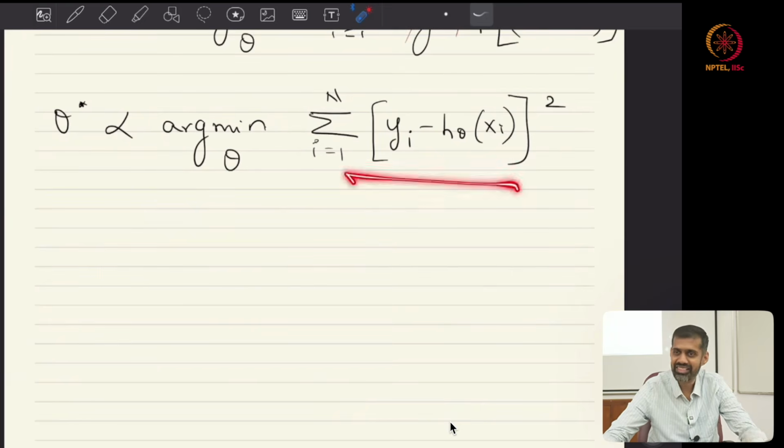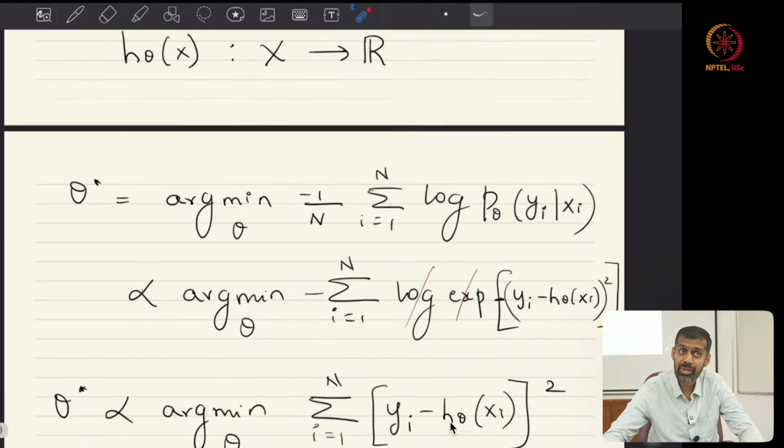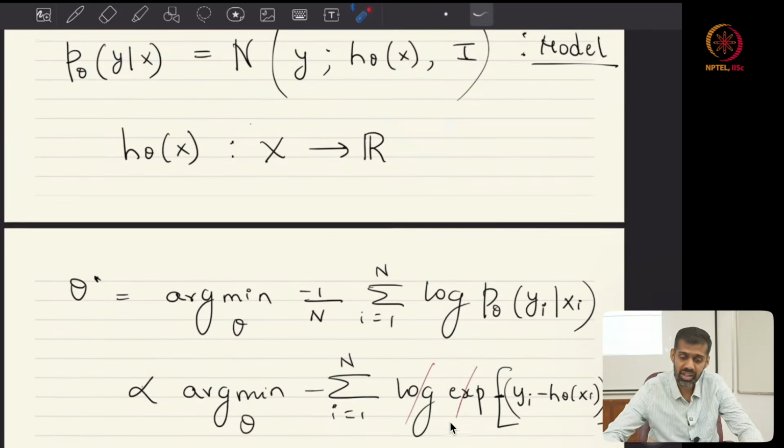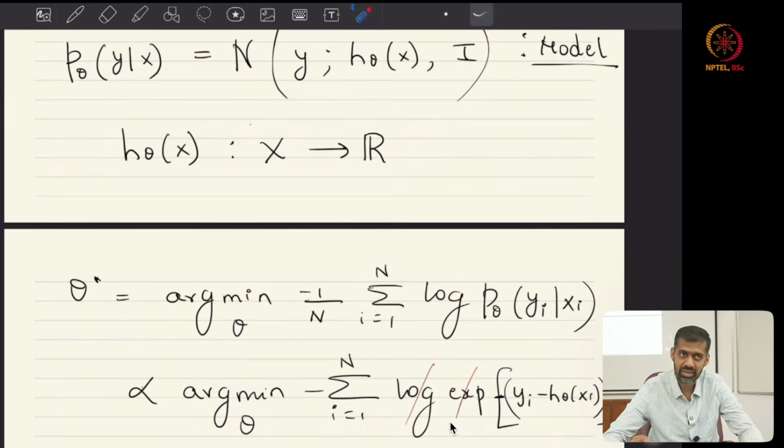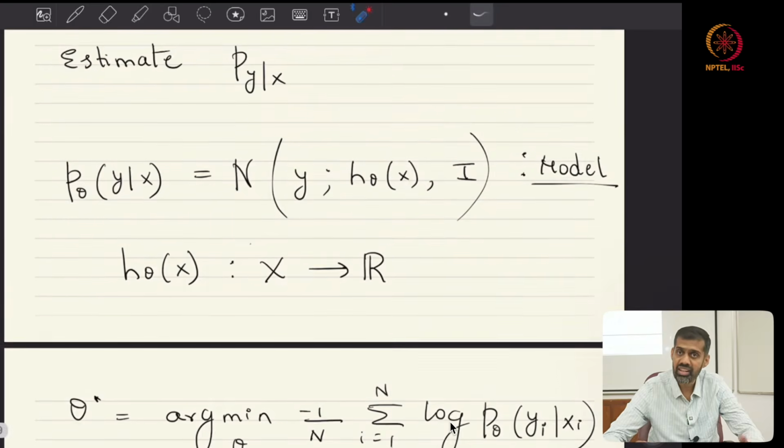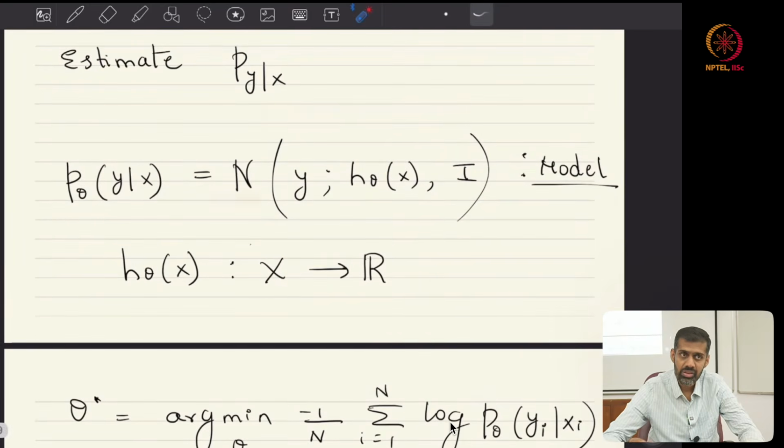Now the actual so-called mic drop moment is the following: the MSE, or the minimum least squared estimator, is the maximum likelihood estimator of the random variable with the assumption that the underlying density is Gaussian with the mean equal to the hypothesis function. We will see that connect in the next class properly.